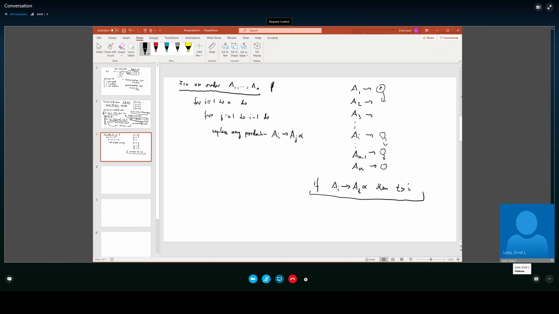And so if we have Ai goes to Aj alpha, then that is a taboo production according to this, because that's what we're shooting for.